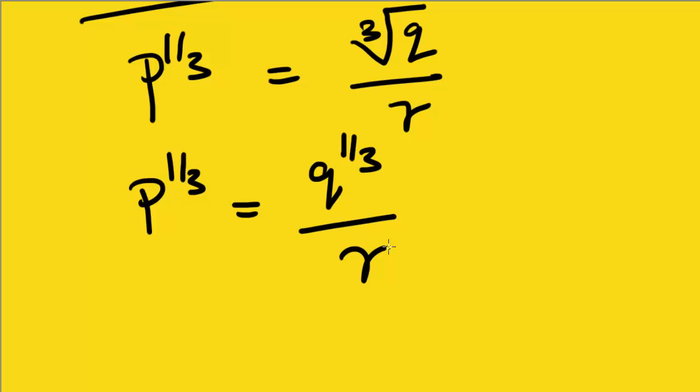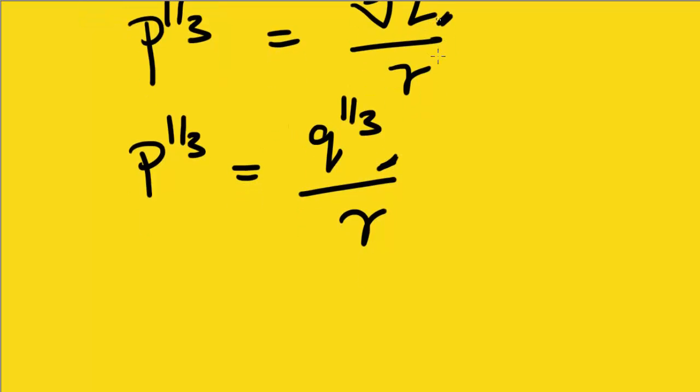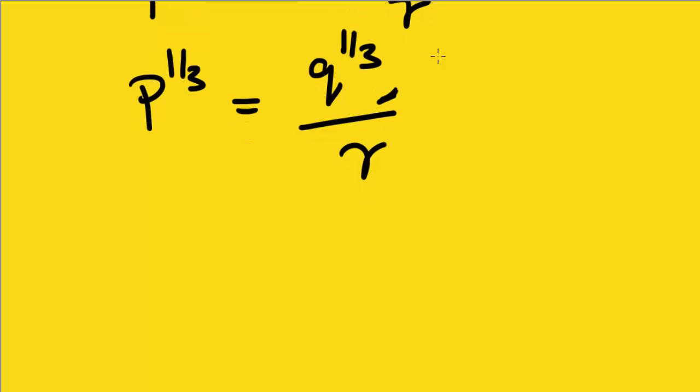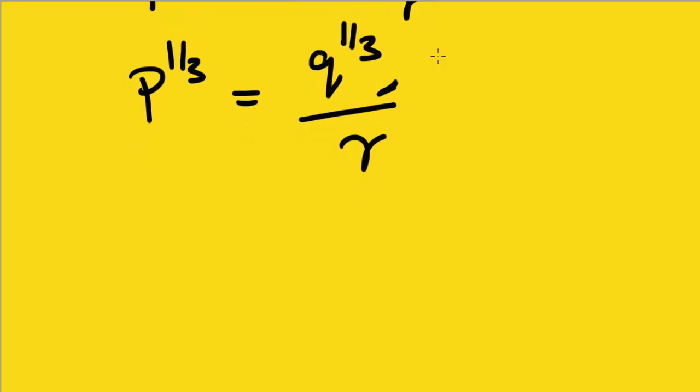Because I want things to be in the form that will make the application of the laws of indices easier. It's easier to work with this notation here than that. So keep that in mind, and for future problems, do this, especially if you're working with variables.